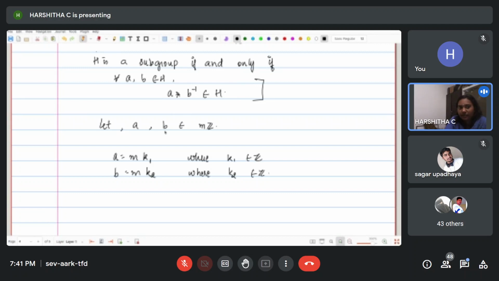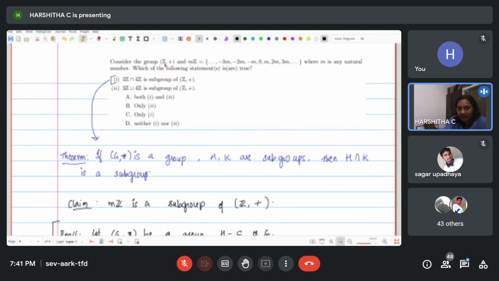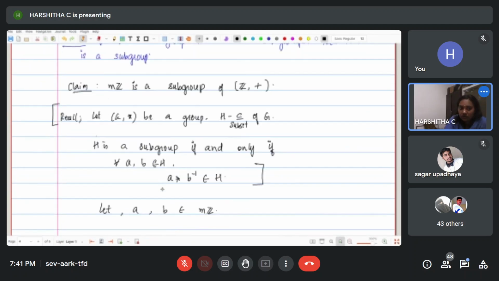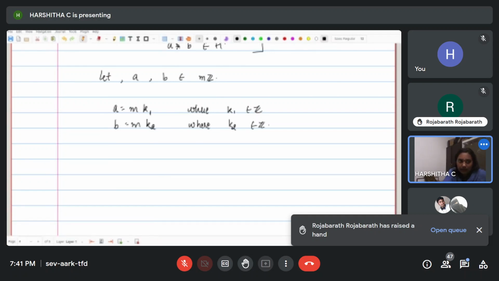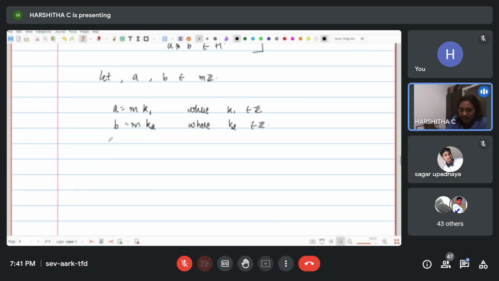In this operation, we are looking at the group of integers under addition. So when the operation is addition, what is the inverse of an element? The negative of it, right? So when we say A star B inverse here, what we mean is A minus B. So mk1 minus mk2. You can write it as m times (k1 minus k2).